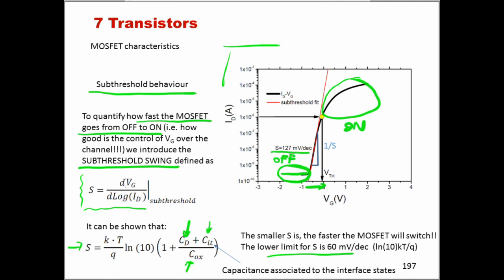Obviously, if I was in a better situation, as we said previously, the lower limit for the swing is 60 millivolt per decade. So every time I increase Vg by 60 millivolt, the drain current in the subthreshold regime would increase by 1 decade. So be very careful that fast here is used in these terms.